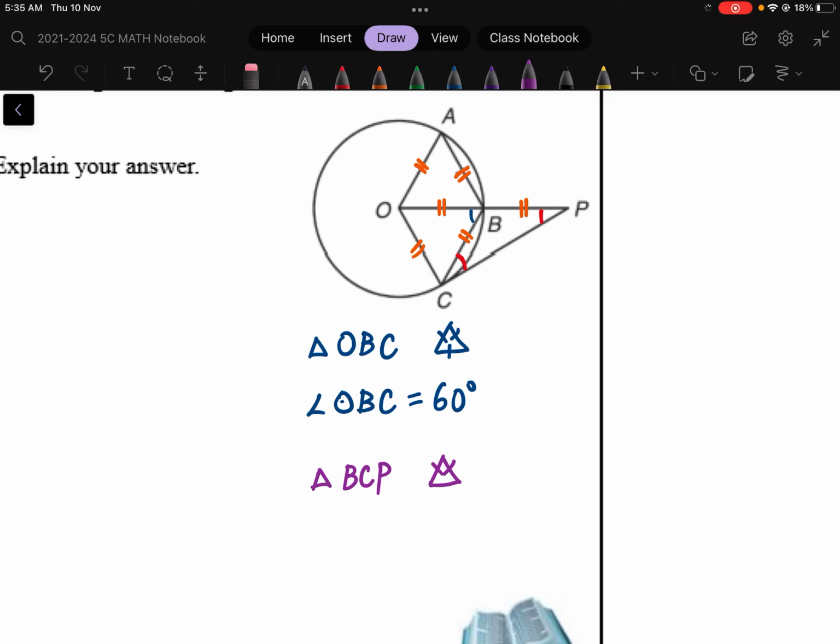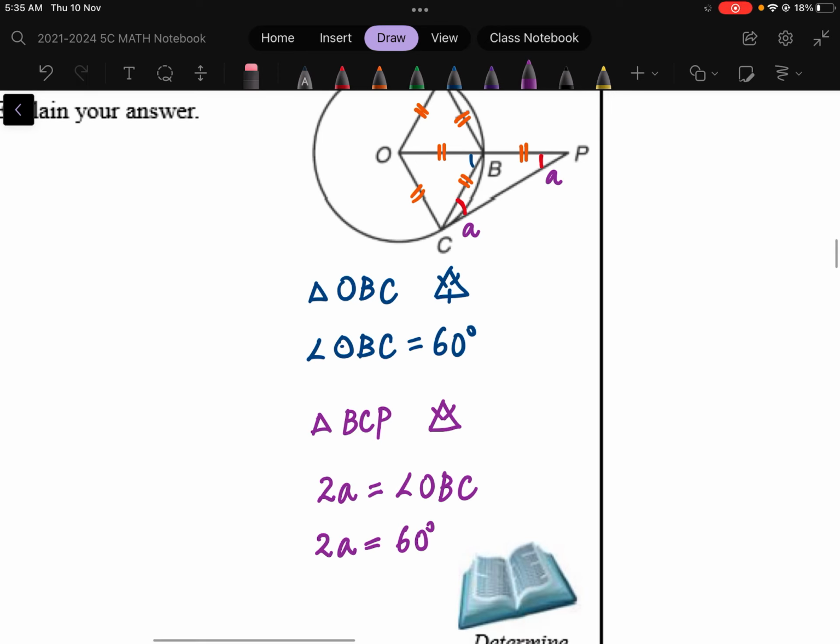So we can let these two angles be A. So using exterior angle of triangle, 2A equals angle OBC. Okay, so let's write this out properly.